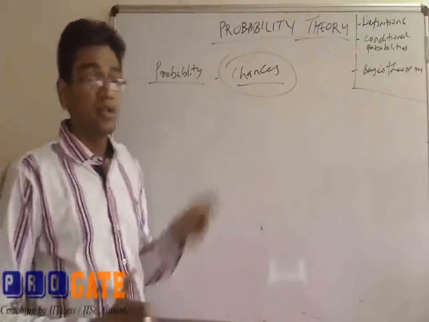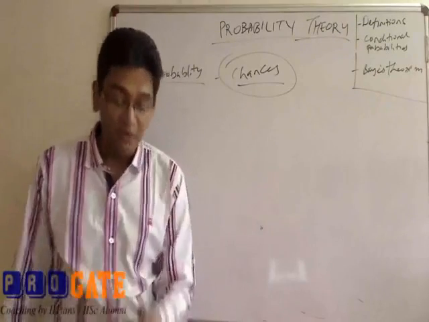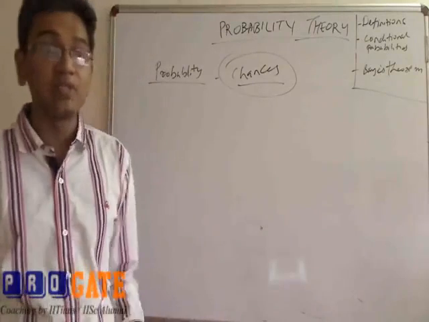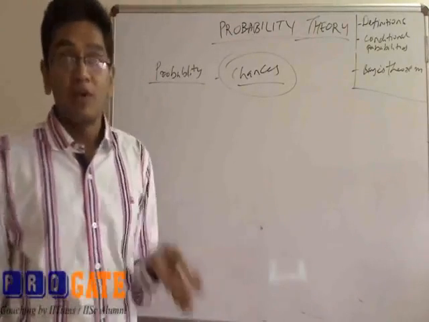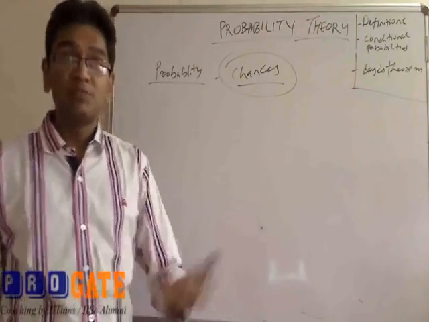And not only this, it is used in various statistical analyses. It is used even in physics, even the Heisenberg uncertainty principle. If you are a physics student, you must know that the uncertainty principle is based on some probability theory.